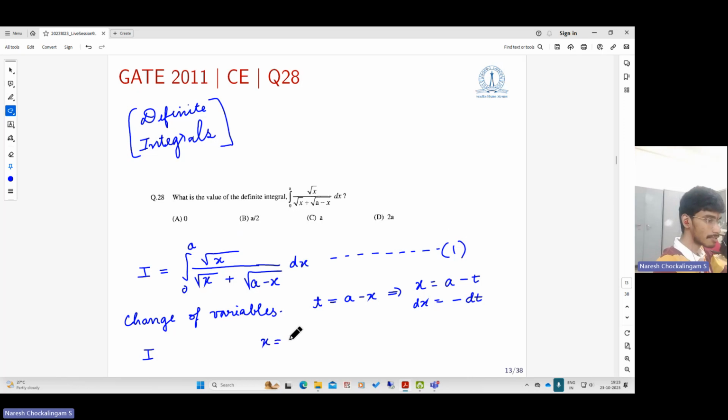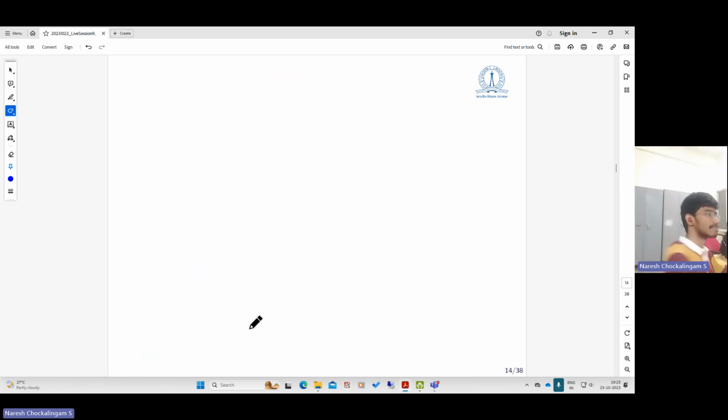So when x is equal to 0, t is equal to a. When x is equal to a, t is equal to 0. Therefore, the definite integral will transform as, so I goes from t going from a to 0. When x is 0, t is a, and when x is a, t is 0.